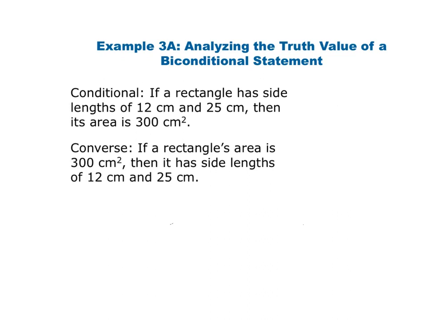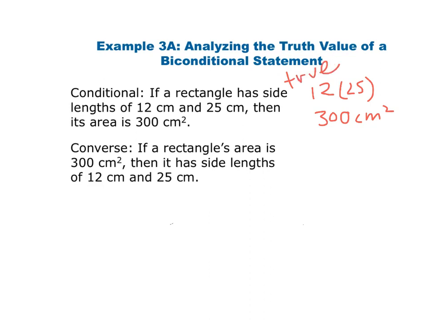So what's the formula for area of a rectangle? Length times width, 12 times 25, which would be 300 centimeters squared. So that's true.